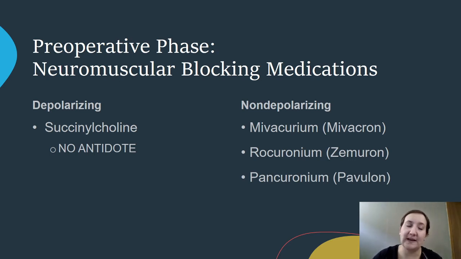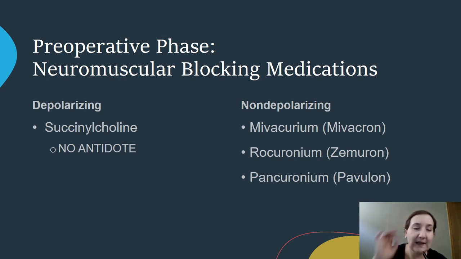Now, depolarizing. These act by binding to the acetylcholine receptors and generate an action potential, but they inhibit the repolarization, so we have a synaptic block. Succinylcholine is the depolarizing neuromuscular blocking medication.